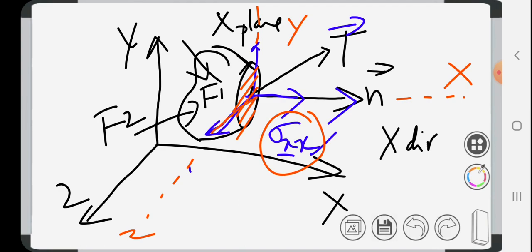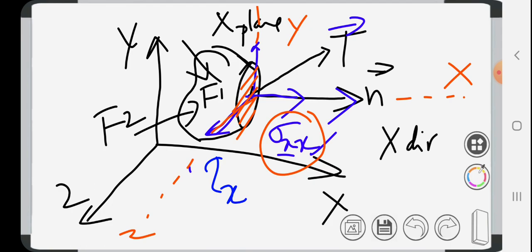Here this component is parallel, or tangential, to the plane. So naturally, this will be a shear component. How will you notate this? The first subscript will be the plane through which it acts.